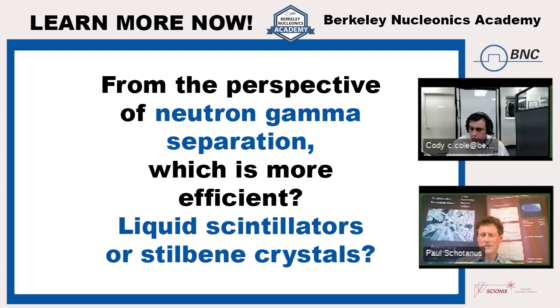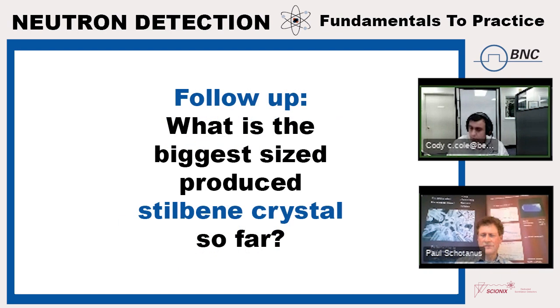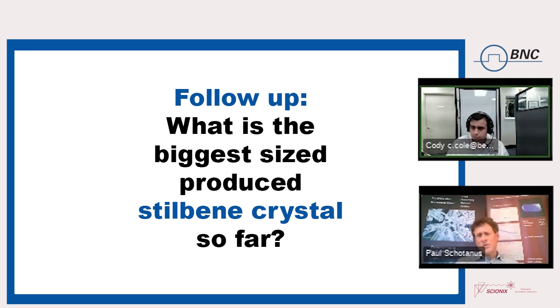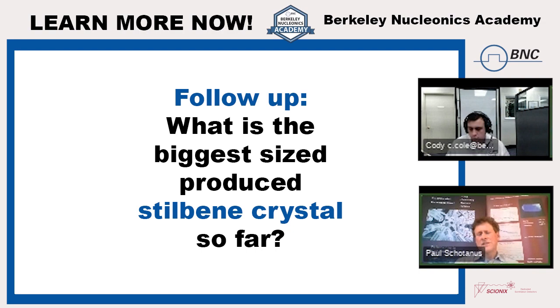Excellent. He also had a follow-up question on stilbene: what is the biggest size produced so far? And could you possibly comment on the figure of merit using conventional analog electronics, in the context of moving over to digitization? That's a good question. The largest size of stilbene crystals, I think, is about 5-inch. I'm not totally sure; there may be some new developments for larger pieces, but practically, I think 5-inch.